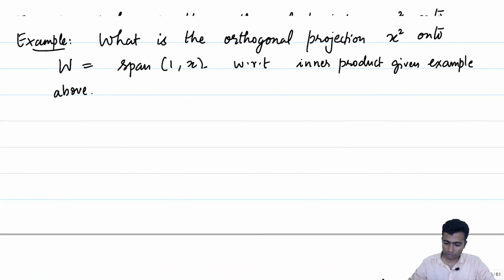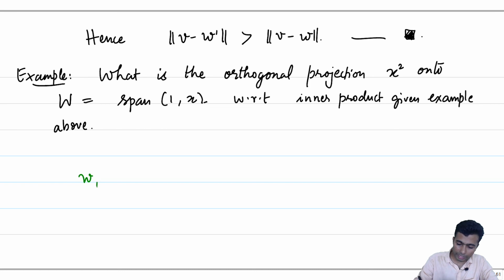So W1 prime is 1 by root 2 and W2 prime is root 3 by root 2 times x.